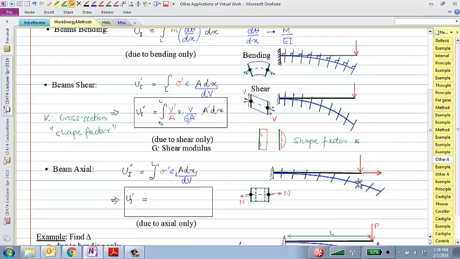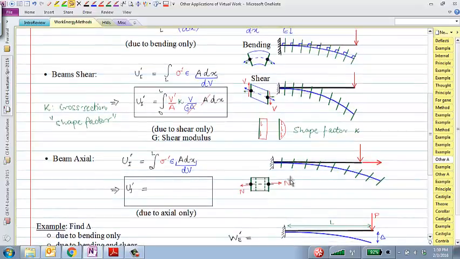Together with the bending mode and shear mode, the axial mode covers all the possible modes of deformation of the beam, as long as plane sections remain plane and rigid cross sections remain rigid. The axial deformation energy is very similar to what we've already seen for trusses, so I won't go into too much detail about this, but we'll go as usual.